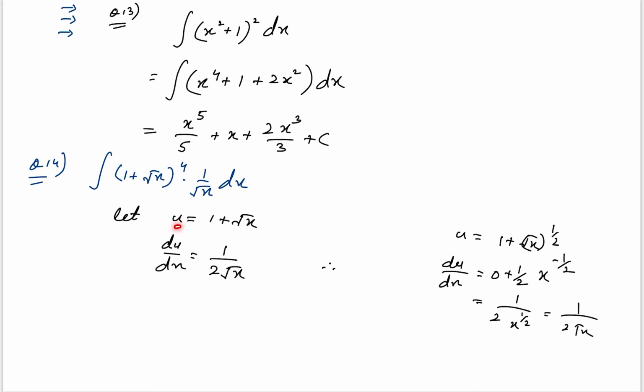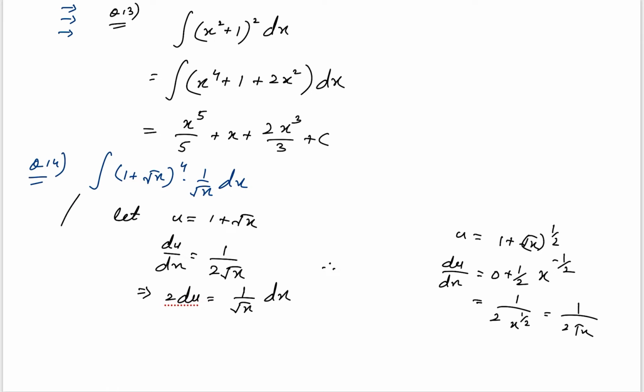So you take this as u and du by dx is 1 over 2 under root x. So this implies that 2 du is equal to 1 over under root x dx, right? So instead of this thing you can write 2 du, instead of this thing you can write u.